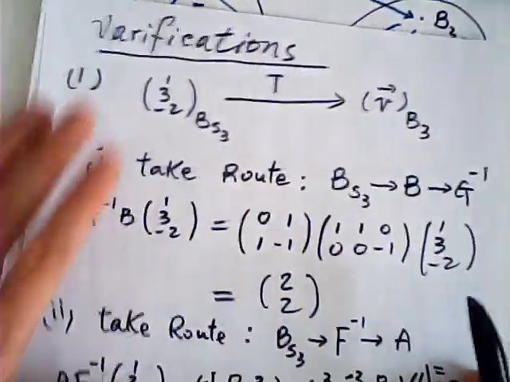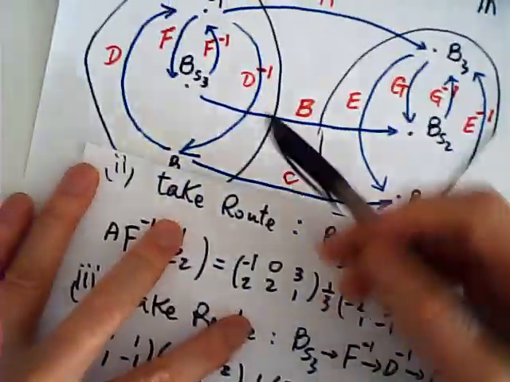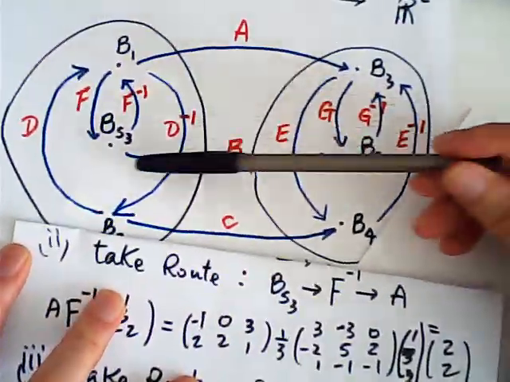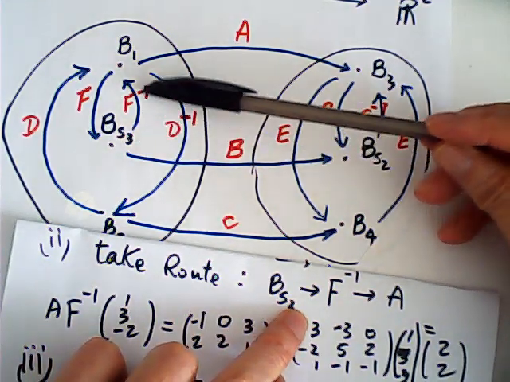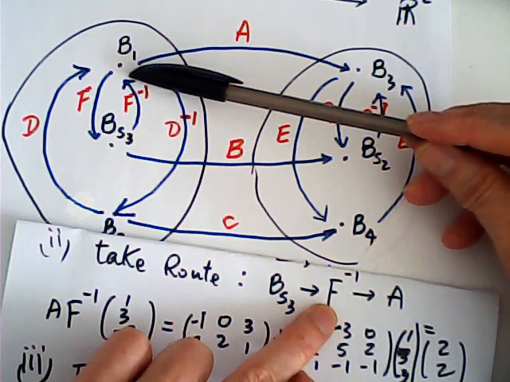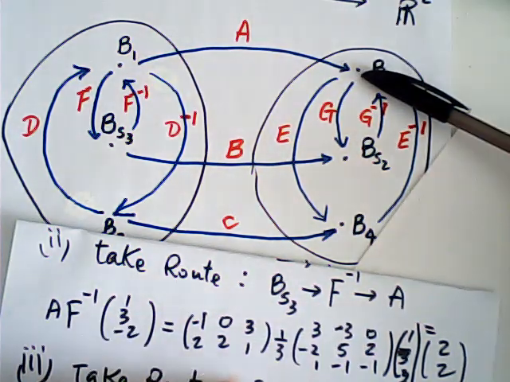And I can take another route. This route is from BS3. First goes with F inverse, then A, reach there, right?